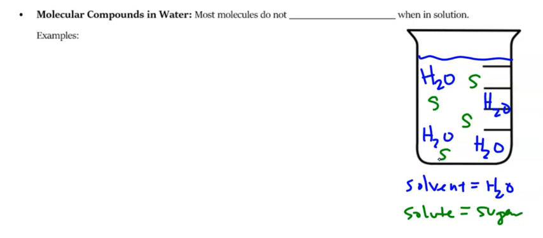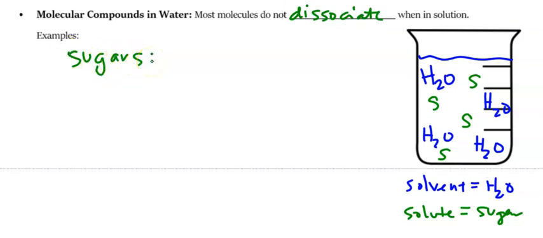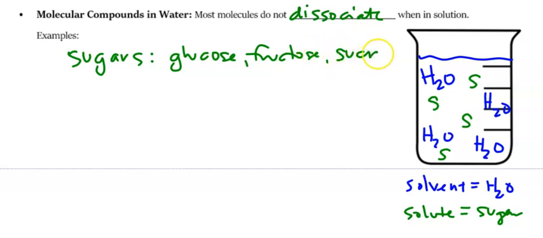So molecular compounds are molecules that do not dissociate. If you remember, molecular are not ionic, so it's typically going to be multiple nonmetals. So these are going to be things like, as I said, sugars. Sugars are things like glucose, fructose, sucrose. They all end in "ose."